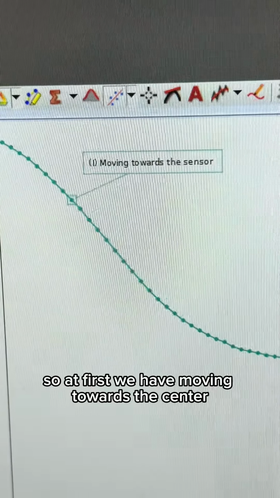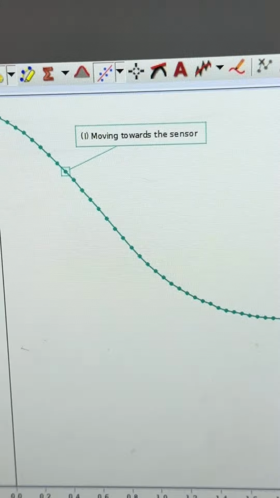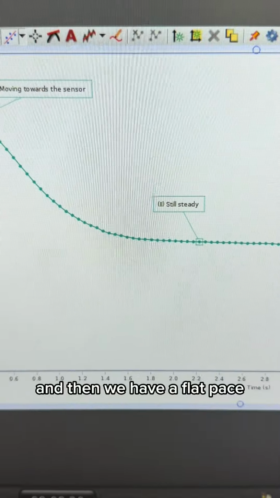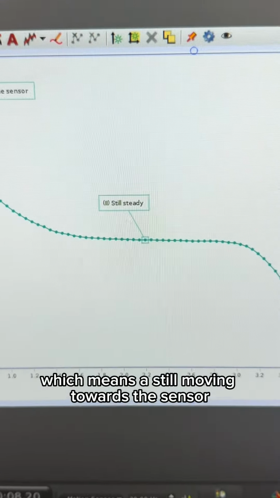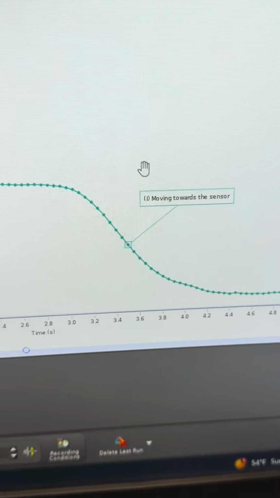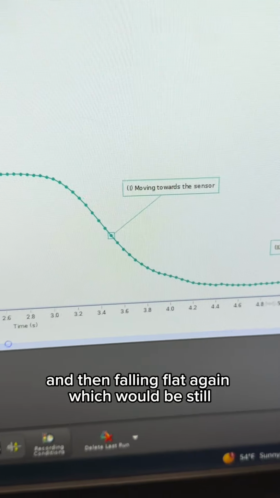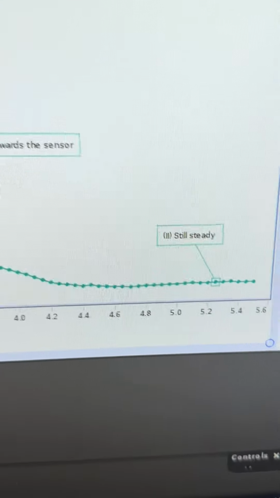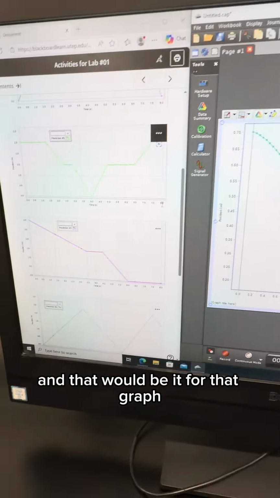At first we have moving towards the sensor. And then we have a flat pace, which means still, moving towards the sensor, which will be dropping down, and then falling flat again, which would be still. And that would be it for that graph.